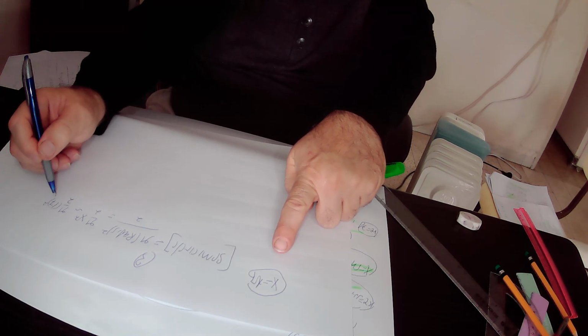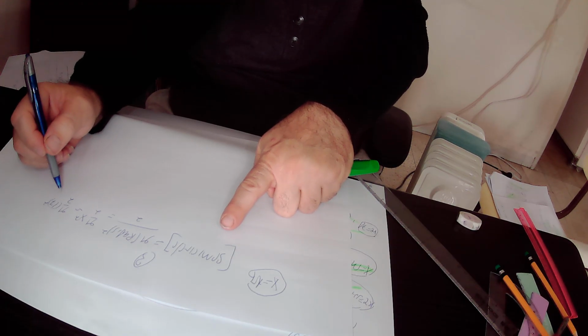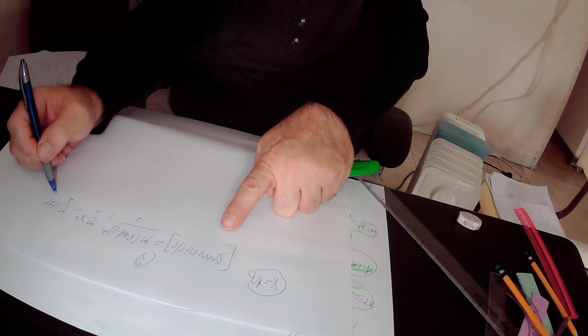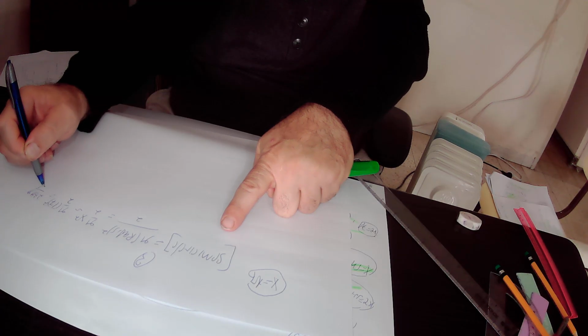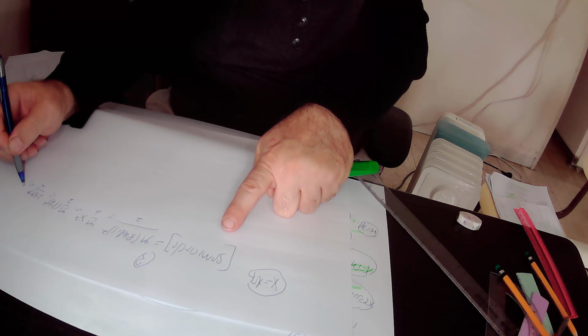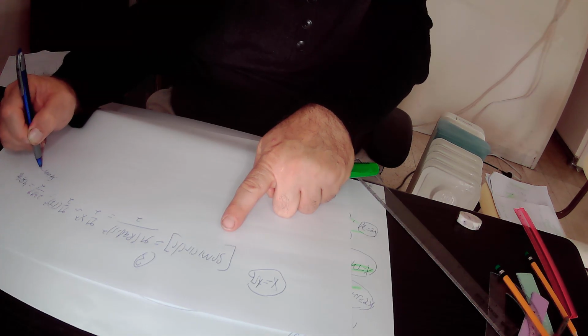So the area of our semicircle equals pi over 2 times 17 squared, which equals 289 pi over 2 square units, or in terms of numbers, 453.96 square units.